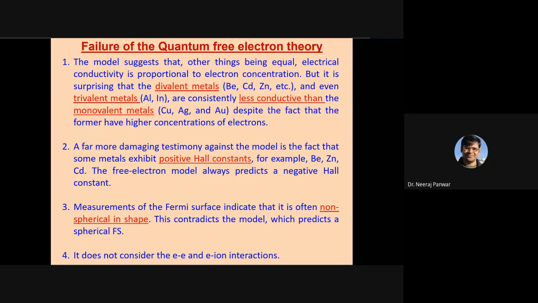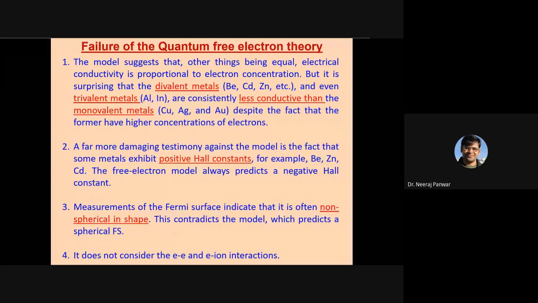But it is surprising that divalent metals, for example beryllium, cadmium, or zinc, and even trivalent metals like aluminum or indium are less conductive than monovalent metals like copper, silver, and gold, despite the fact that the former have higher concentration of electrons.